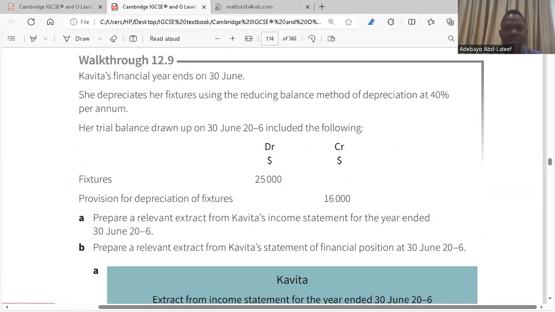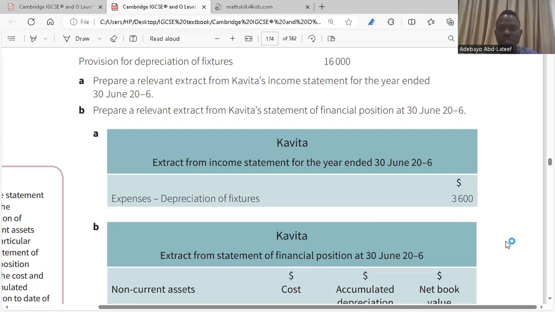Look at what they said here. There's 40% depreciation. In the trial balance, the fixture is 25,000 and the provision for depreciation is 16,000. 40% of 16,000: 40 divided by 100 is 0.4, multiplied by 16,000 is 6,400.